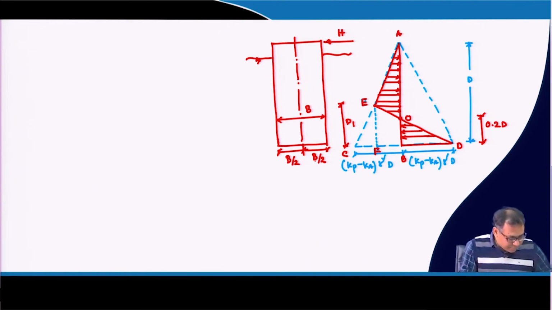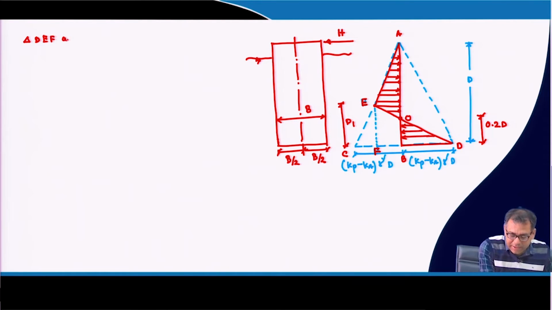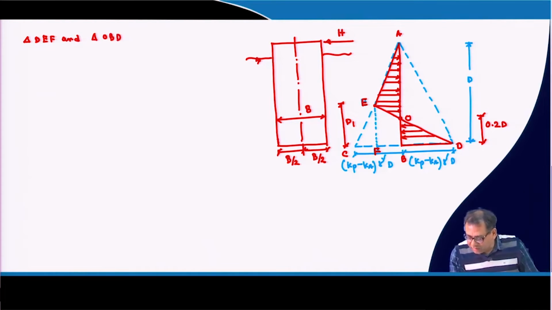Now, in this particular case, if I consider triangle DEF and triangle OBD, we are considering the triangle DEF and the triangle DOB.